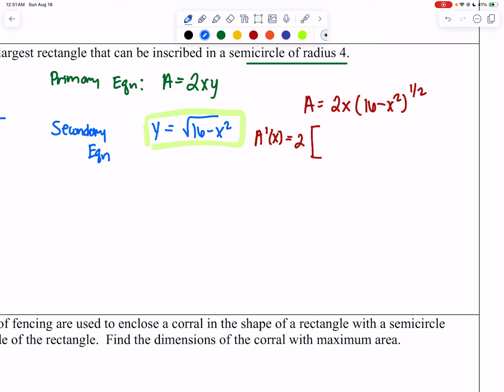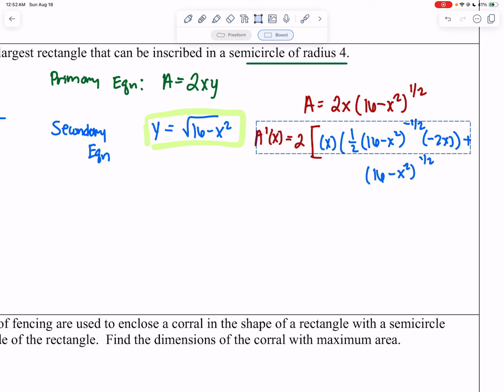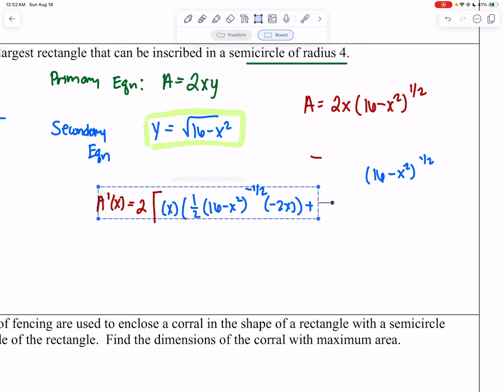All right, so I have first times the derivative of the second. Yep, already messy. Plus second times the derivative of the first, which, guess what? It's just going to be 1. Okay. So it might not be that bad. We'll see.